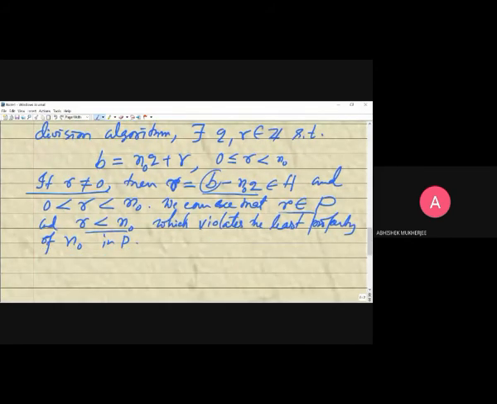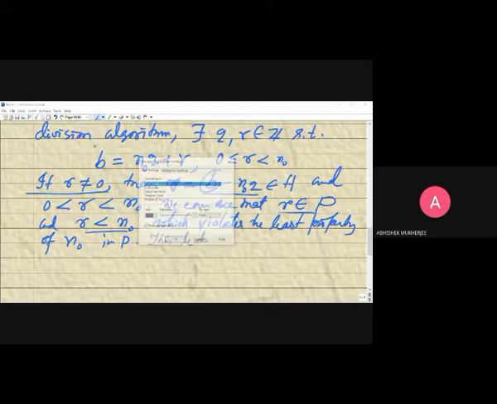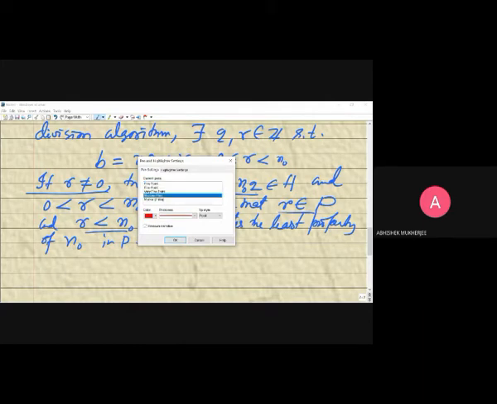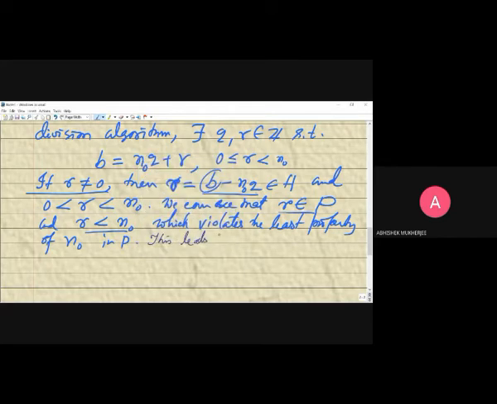So this violates the least property in P, and so this leads to a contradiction.